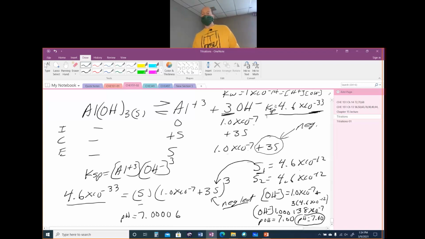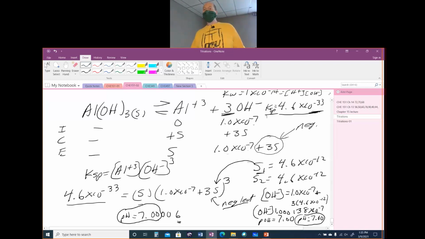And that's how we report all of our pHs, to 2 decimals. And so the pH is above 7, but it's barely above 7, and it's so far out in sig figs that it is not included. And so the pH to the 2 decimals did not change from pure water.